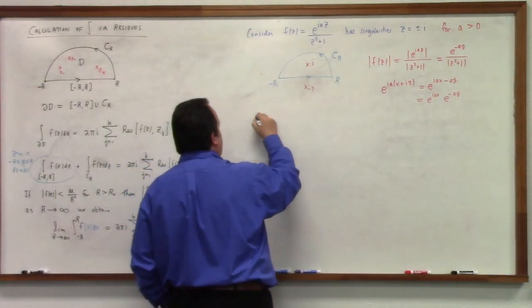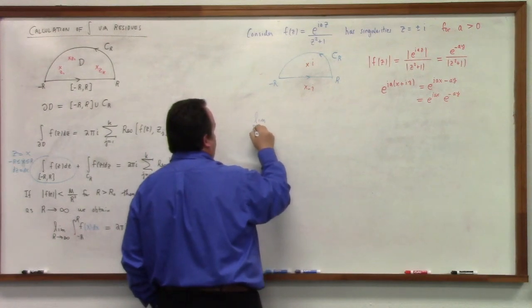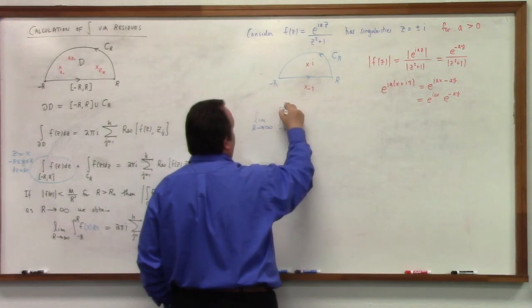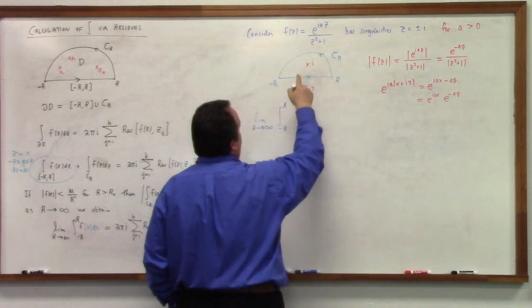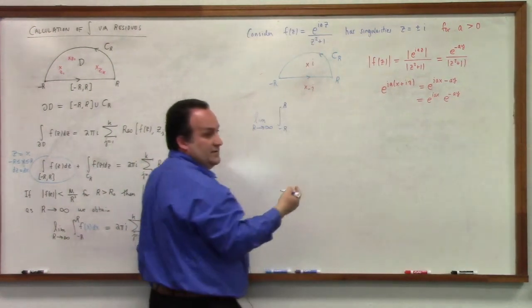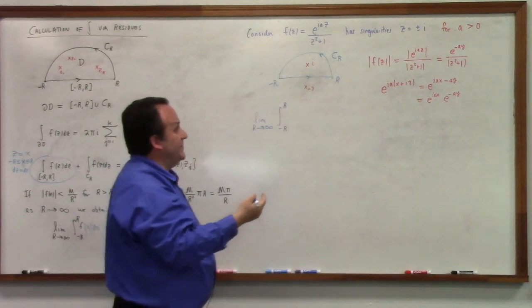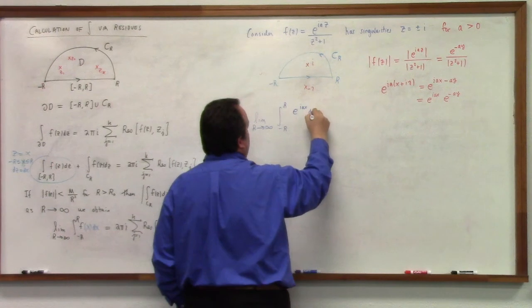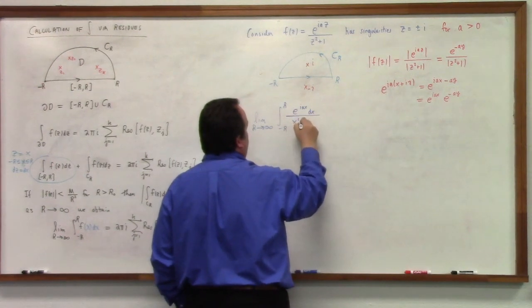And so what we get is the limit as r goes to infinity of the integral from minus r to r of, and so what happens when you evaluate this function at z equals x? It just becomes e to the iax dx over x squared plus 1, right?